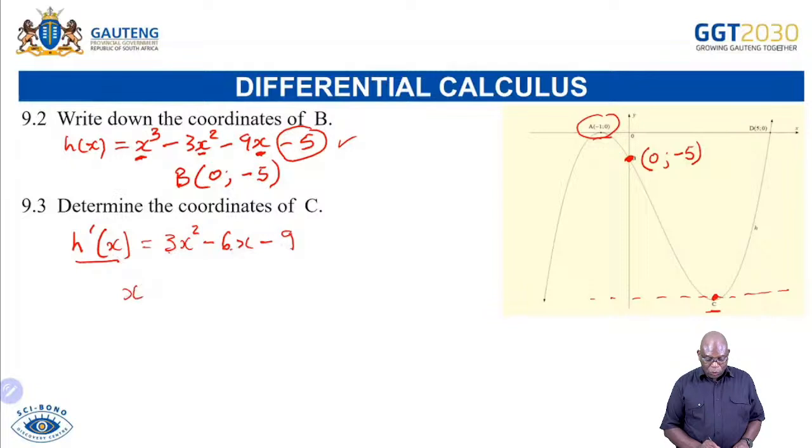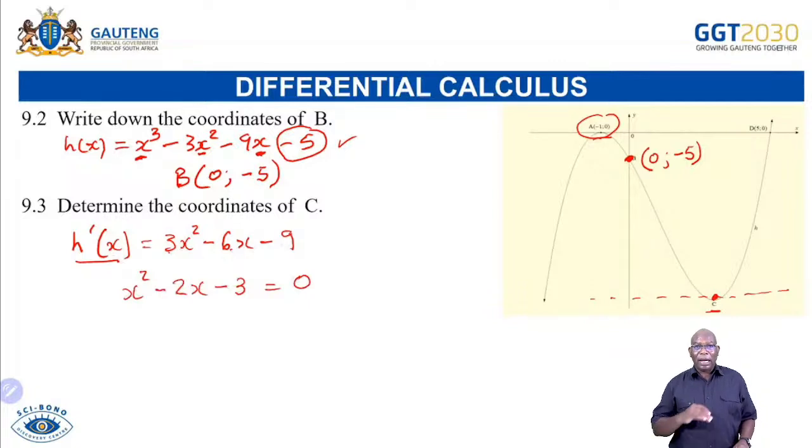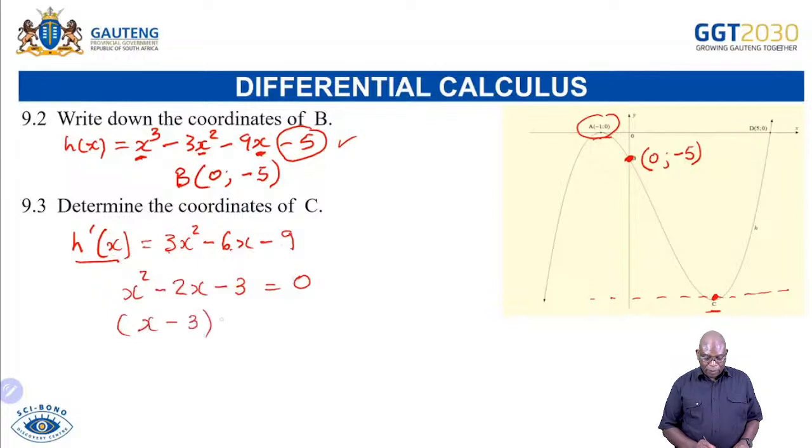So I'll get x squared minus 2x minus 3 equals 0. Why? Because the gradient at a turning point equals 0. Then I can factorize: x minus 3 and x plus 1 equals 0, and the x value is going to be 3, and the other x value is going to be -1.